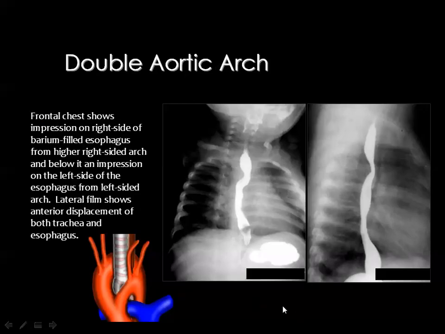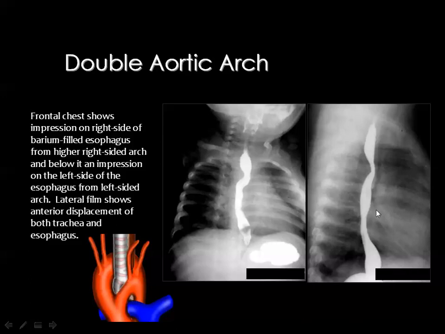And you remember that whenever you have the lateral view of the esophagus filled with barium, sometimes you may get some indentations along the anterior aspect, but there should not be indentations along the posterior aspect of the esophagus in normal conditions.